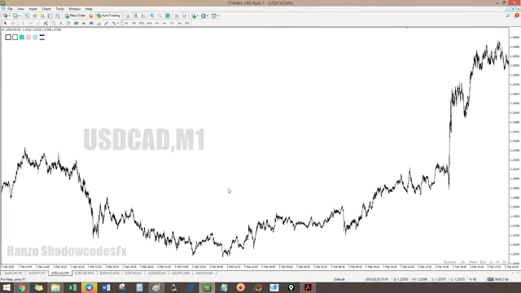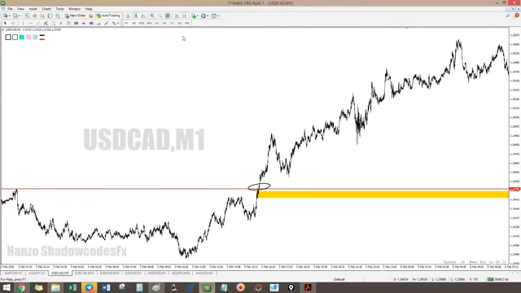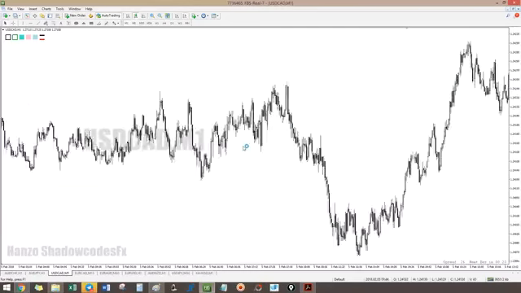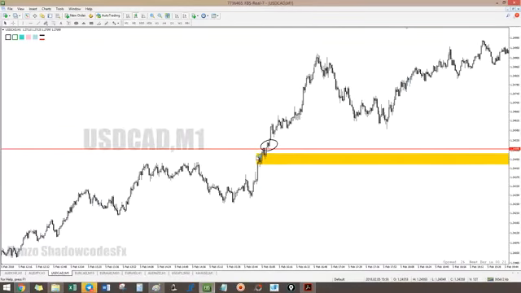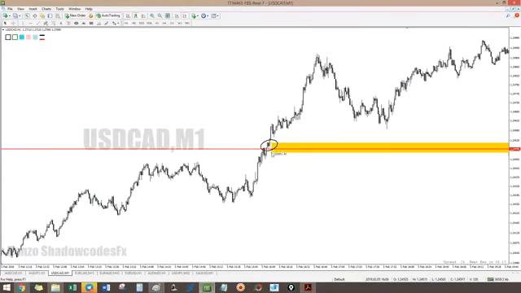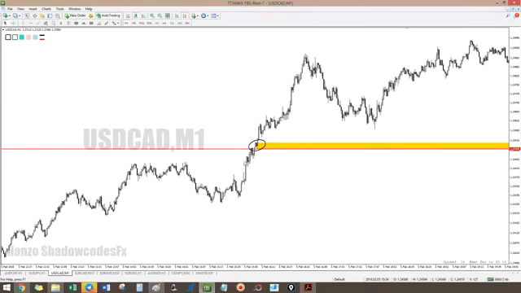So actually you take the M1, right? But it does not respect the rejection. So this is the only one that has a clean break. But if you take this one, the price can still hold.